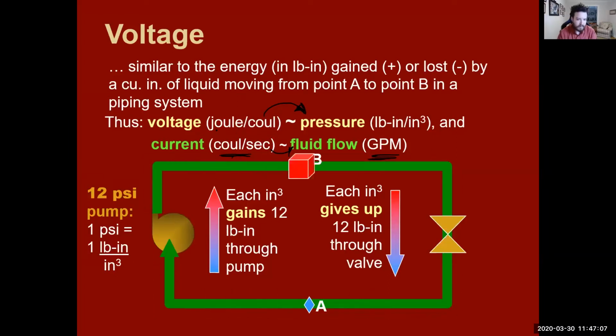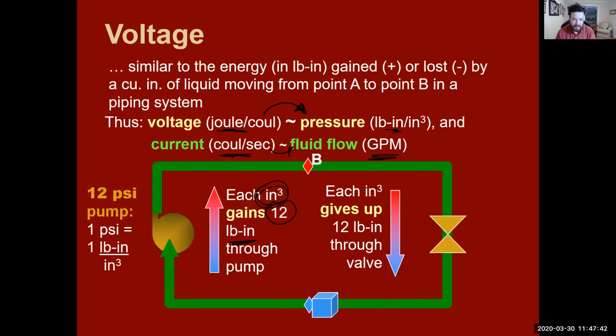All right, our voltage, which is joules per coulomb, is pressure, which is pounds inch per inch cubed. So each inch cube gains 12 pounds inch through the pump. So each inch cube that goes through this pump is going to gain 12 pounds inch.